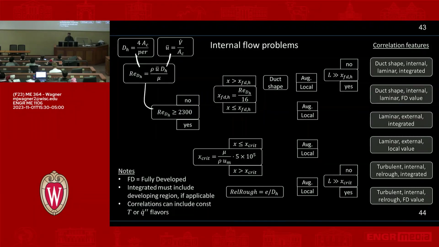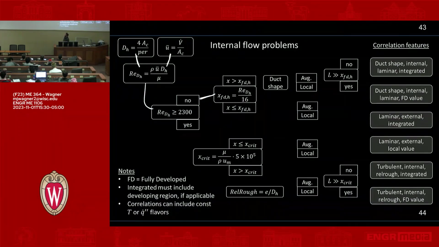Okay, so let's maybe start on the top here. We'll draw some lines. So let's say that we compute Reynolds number is less than 2300, so it's not going to be turbulent. So then the next step is we need to figure out where this thing becomes fully developed.